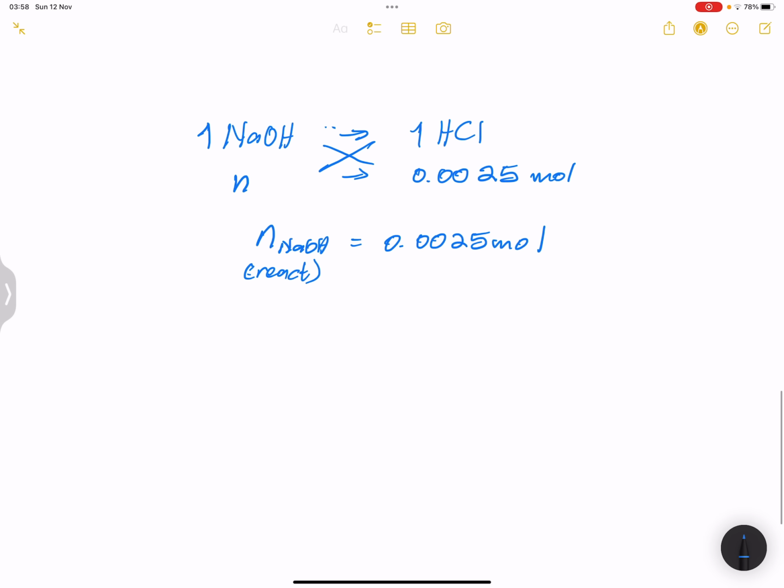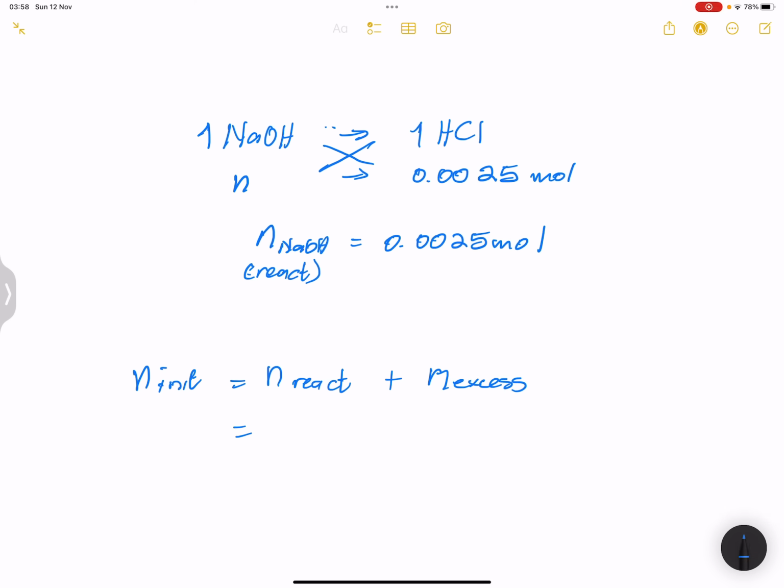Right, so I now have the number of moles that reacted, and I've got the excess moles. So to get the initial, I will simply say number of moles that reacted plus the number of moles in excess. So this would be the excess moles.